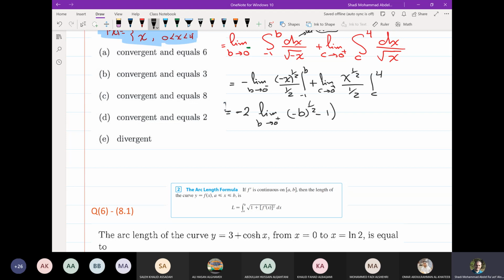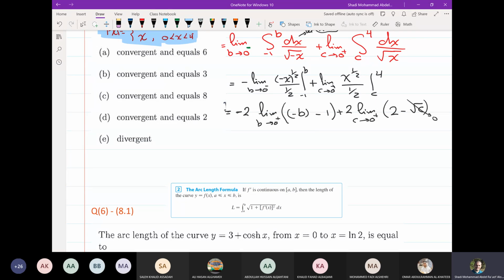The other side will be the limit as c goes to 0 from the right of 2 times root 4, which is 2, minus root c. The first one is 0, and the root c is also 0, because c goes to 0.